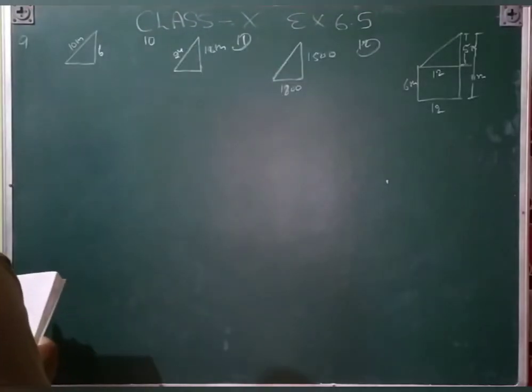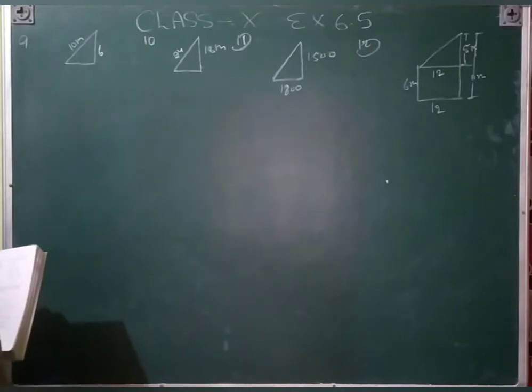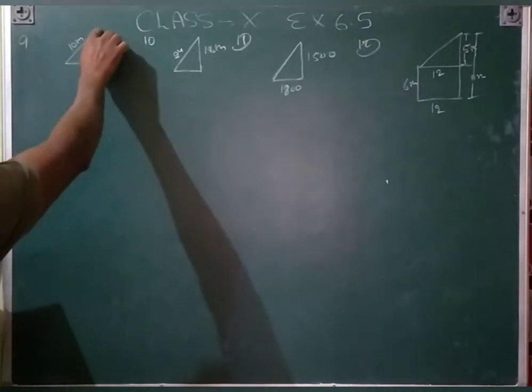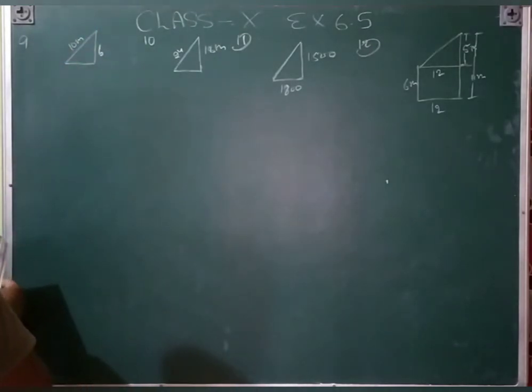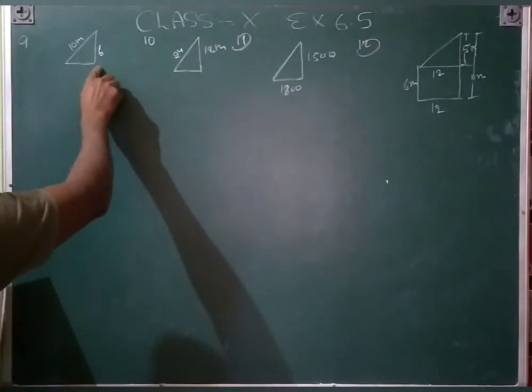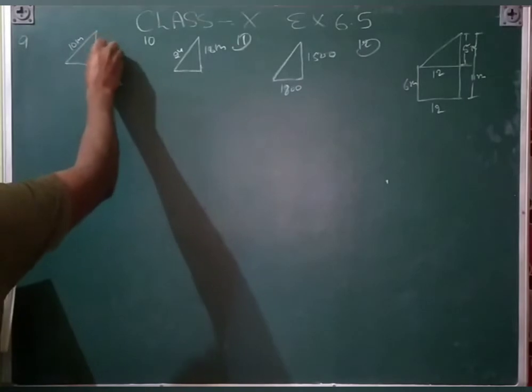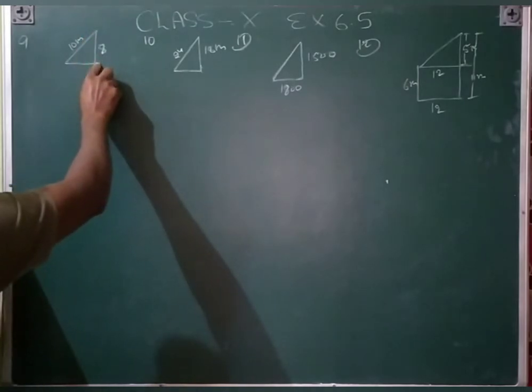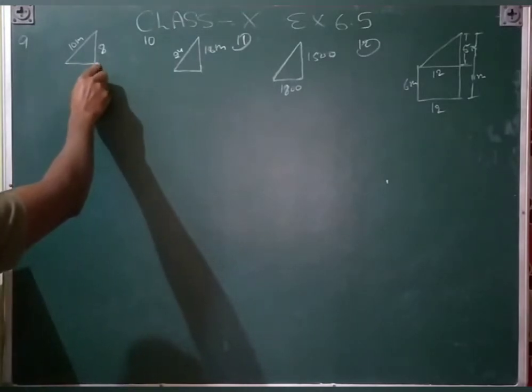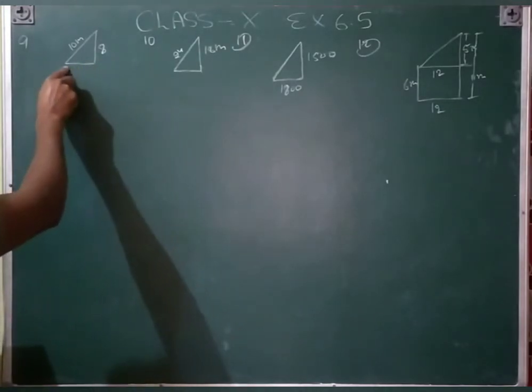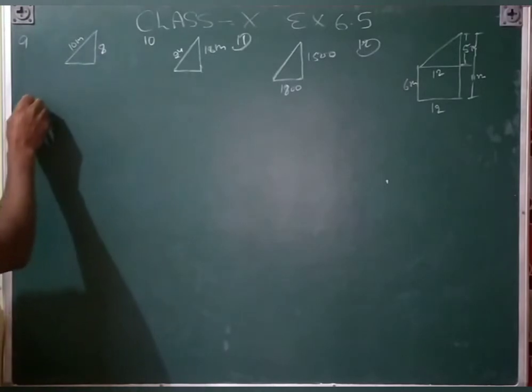Question number 9: a 10 meter long ladder reaches a wire 8 meter above the ground. Find the distance of the foot of the ladder from the base of the wall. So we need to find the base.